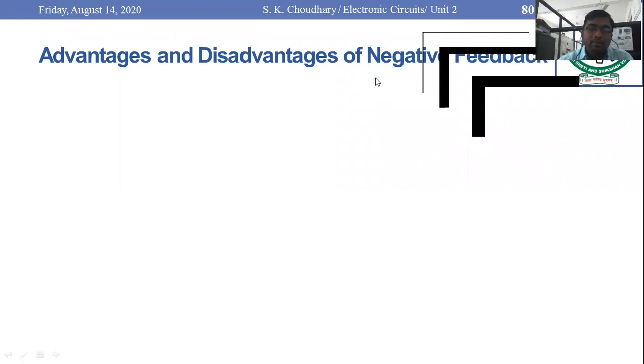So what is the effect of this in-phase connection? The net effect of this kind of feedback is that it increases the magnitude of the input signal. That's why positive feedback is also called regenerative feedback, because it increases the level of the input signal, which means it increases the overall gain, so your output signal also increases.